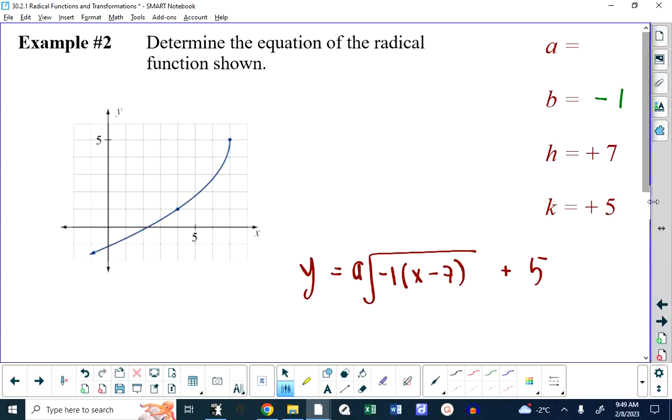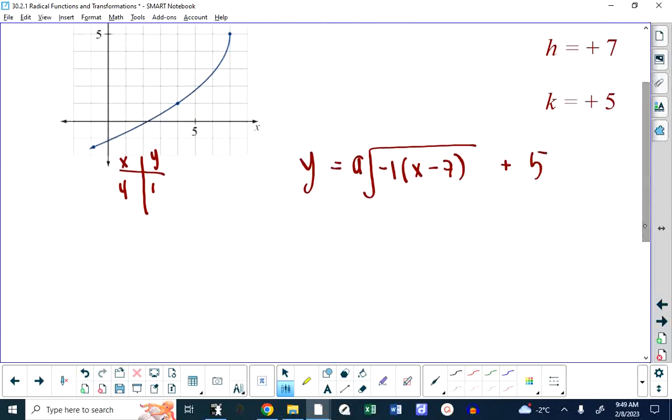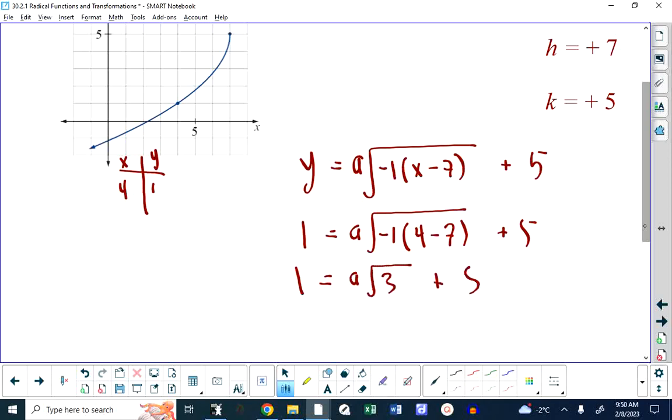You load in 4 comma 1. So I get 1 equals A root 3 plus 5. 4 minus 7 is -3 times the -1 is 3.